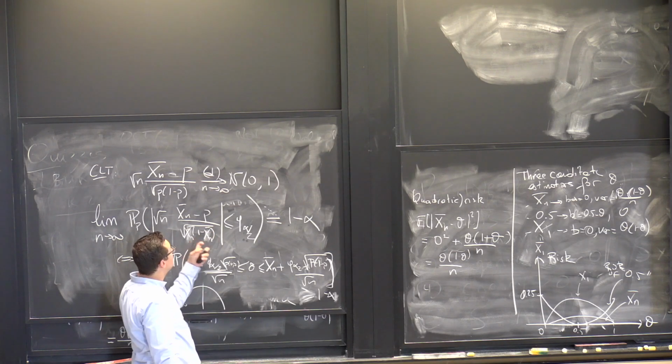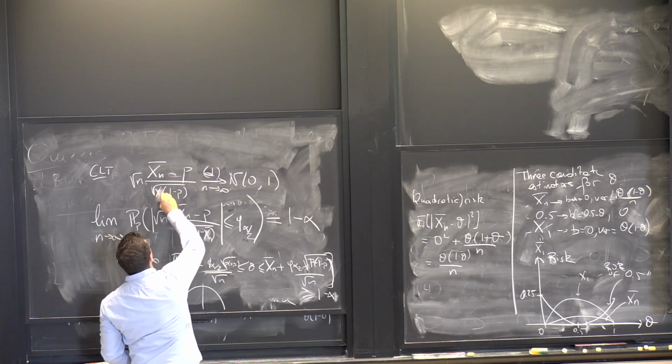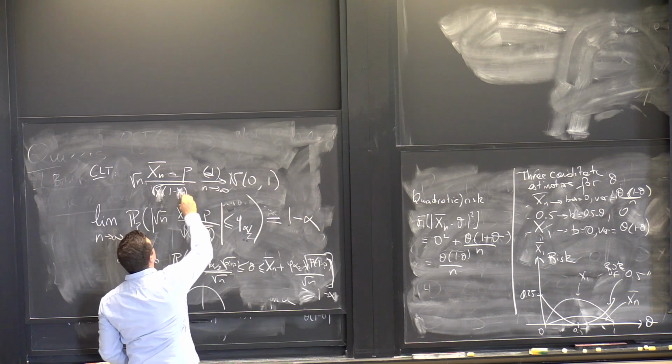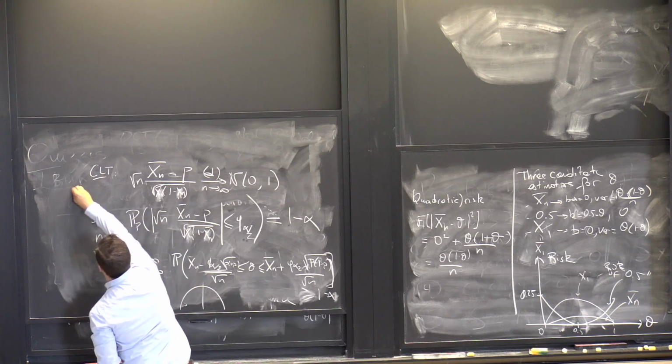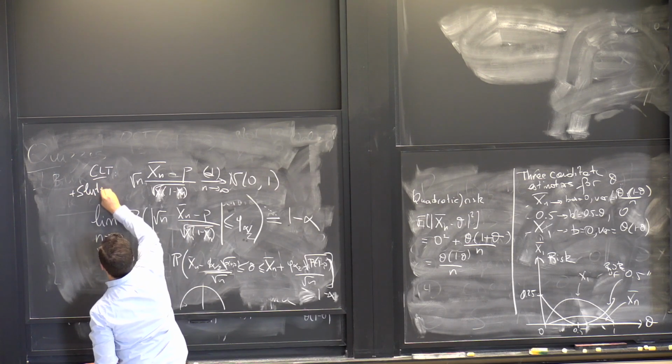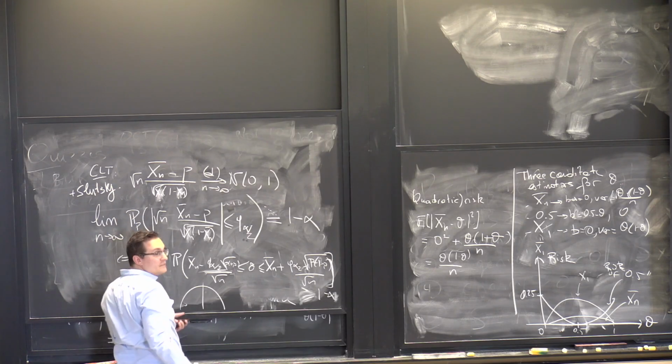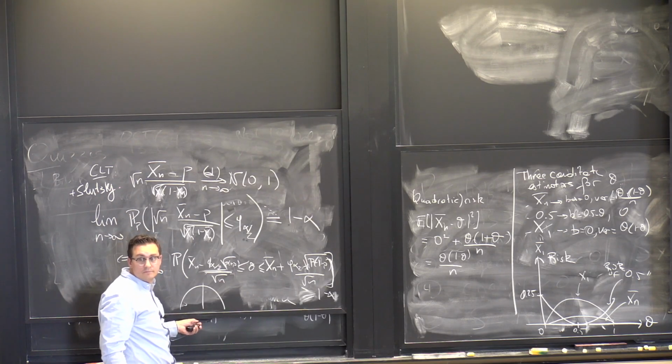And by Slutsky, we know that this is actually converging also to some standard Gaussian. We've seen that when we saw Slutsky as an example.